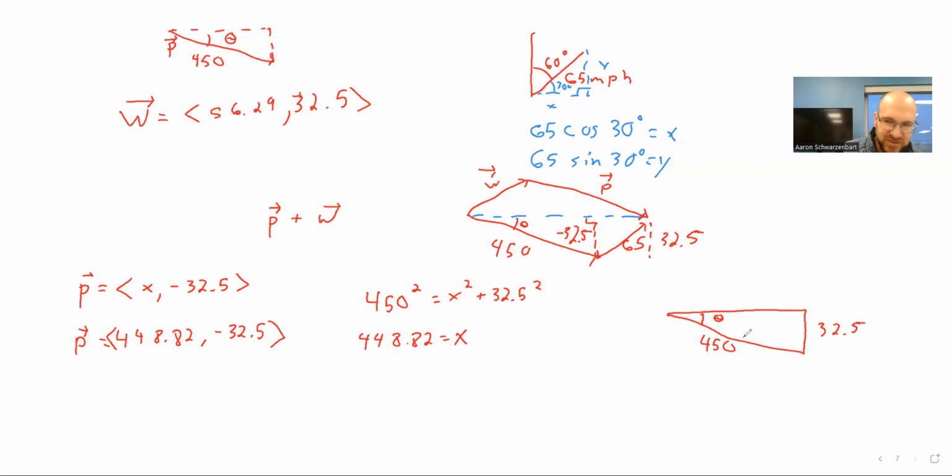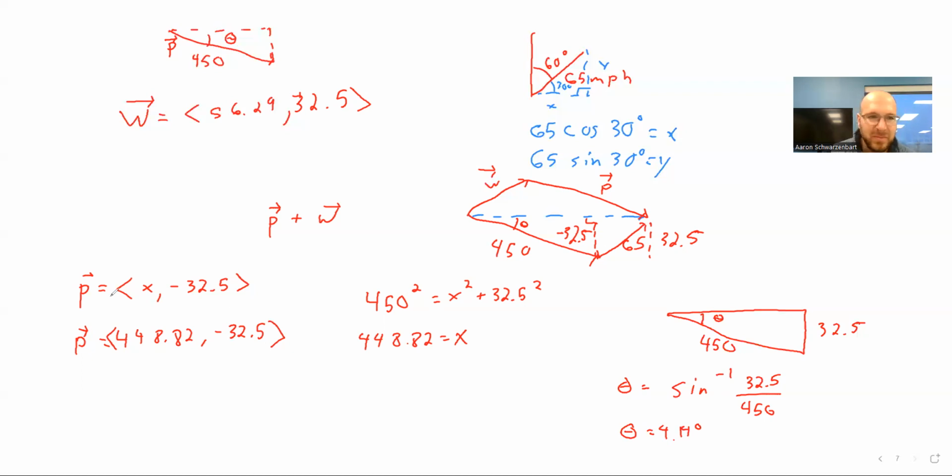You can use the negative, it'll get you a negative angle. So that's theta is going to equal the inverse sine. Again, I need to do opposite over hypotenuse. That's 32.5 over 450. And that's 4.14 degrees. Pretty sure they want this in terms of bearing.